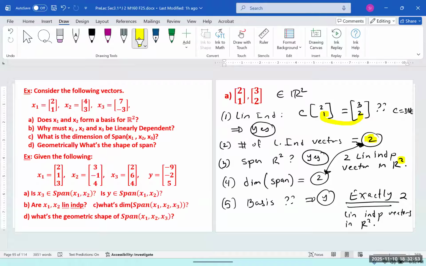So question 3 and question 5 have the same reasoning, but the difference is that this one has at least two linearly independent vectors in R2, so they span. And basis says we don't care about at least, we have to have exactly two. We cannot have more or less.